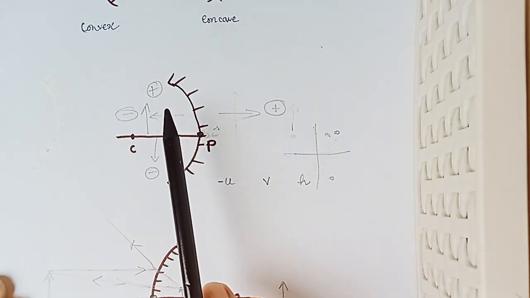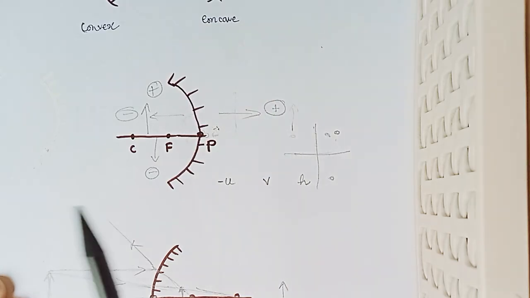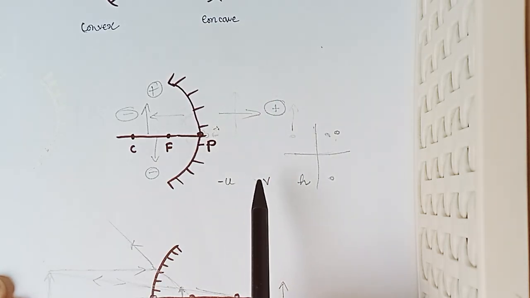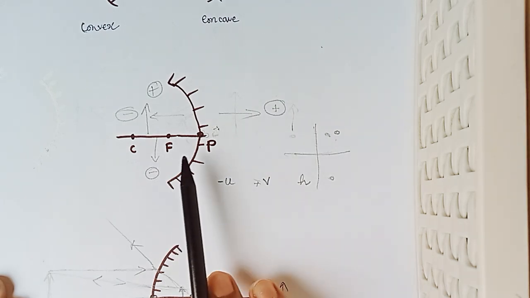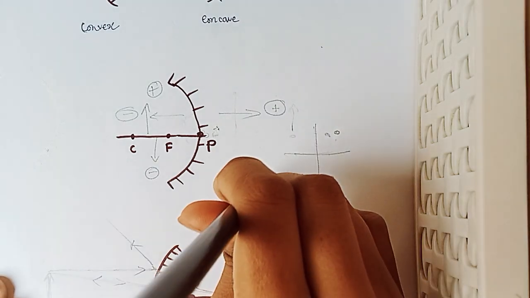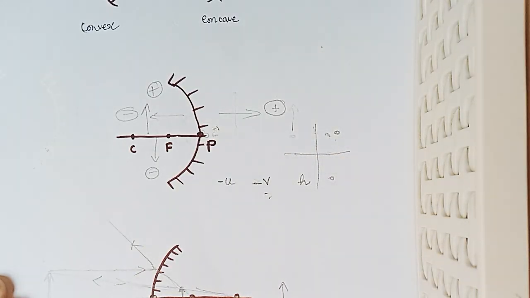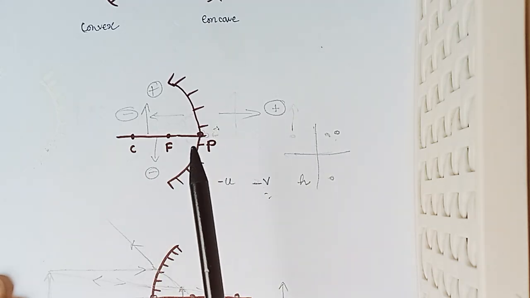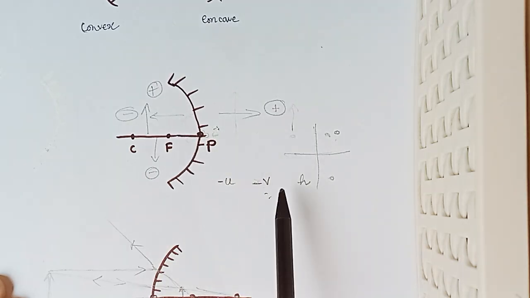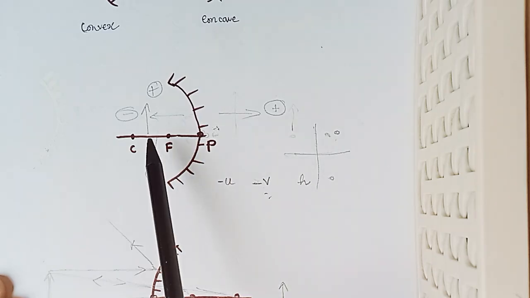And for the image, whenever it is on the right, the image distance v is positive, or whenever the image is on the left, the image distance is negative. Again, for height, if the height of the image or the object is above the axis, it is always positive, and whenever it is below the axis, it is negative.